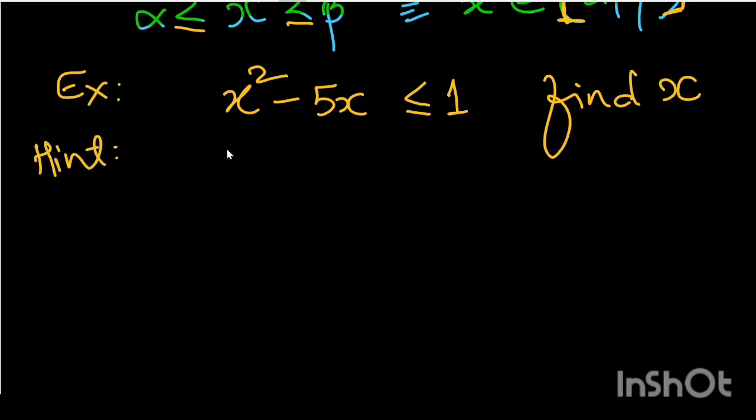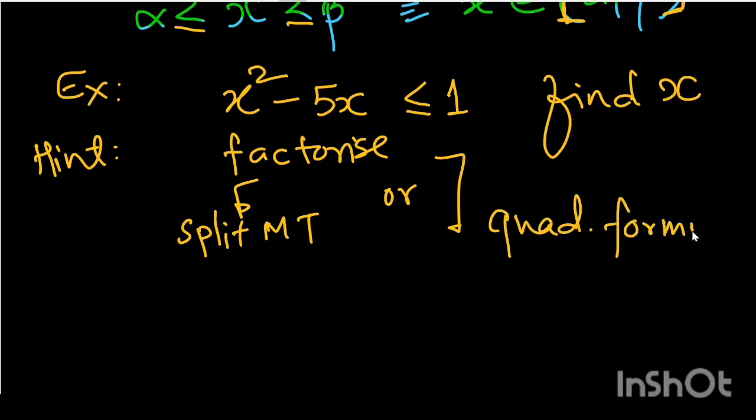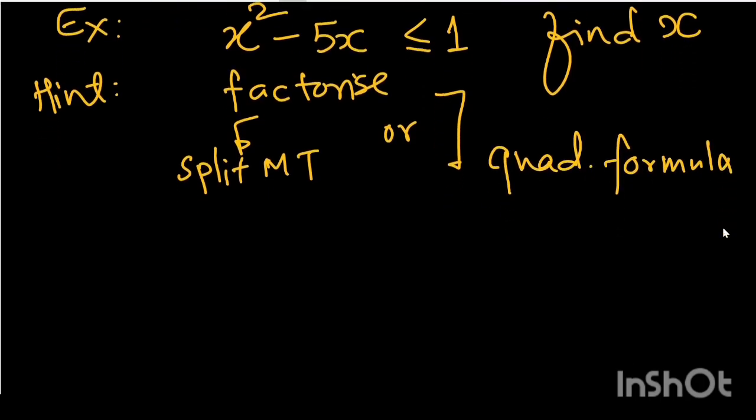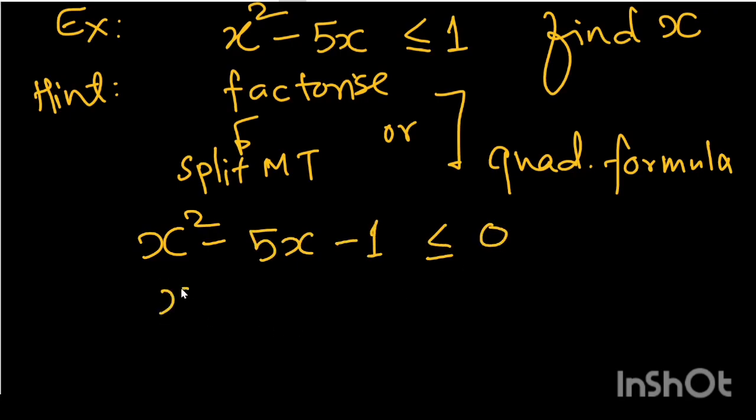Factorize using either splitting the middle term, or using the quadratic formula or Sridharacharya formula. So factorize x square minus 5x minus 1 less than or equal to 0. You have to factorize this expression in the form of the roots alpha and beta.